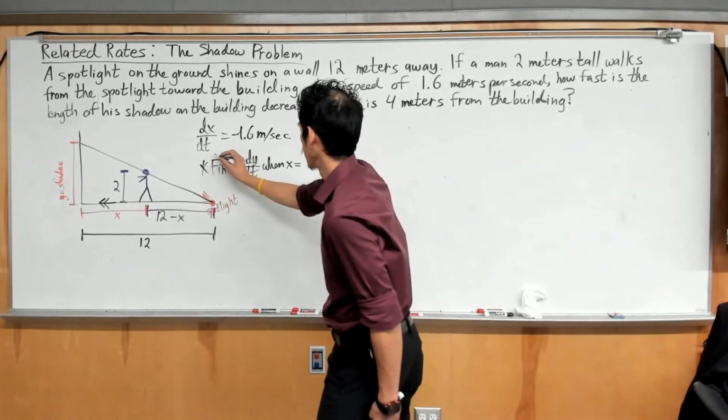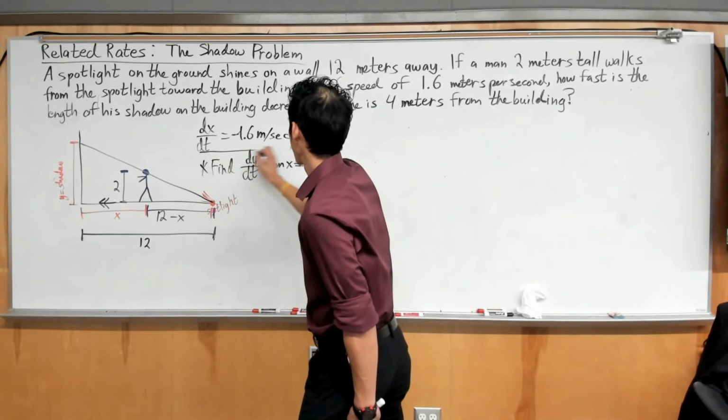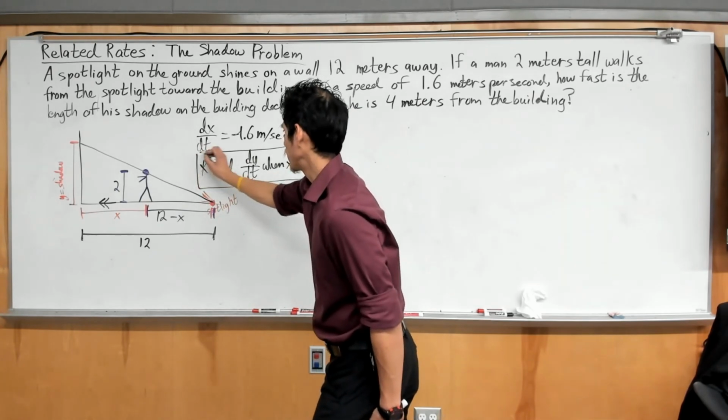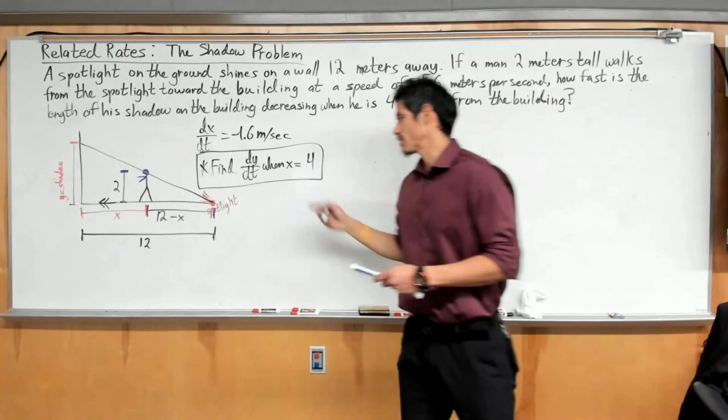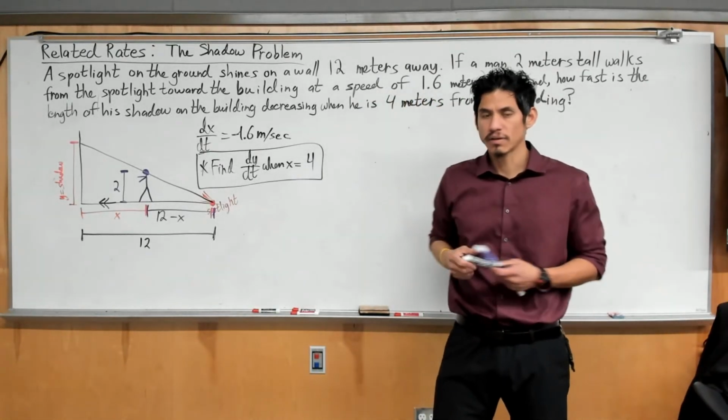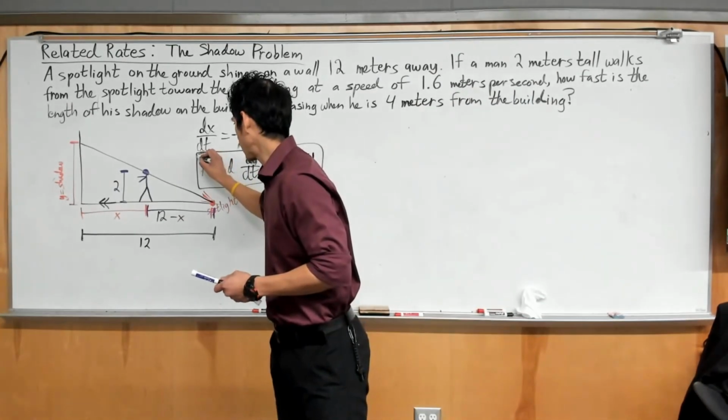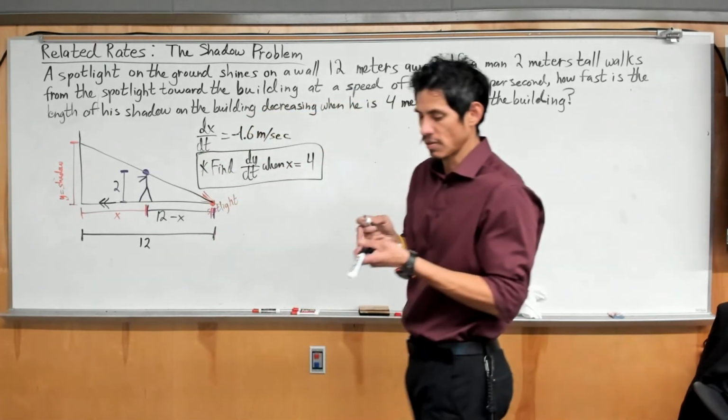This is our goal. What's dy/dt when x equals 4? Got it?